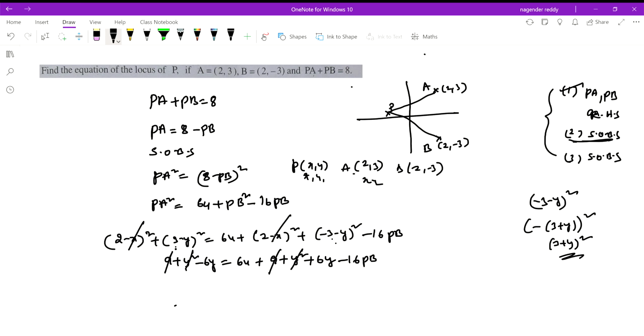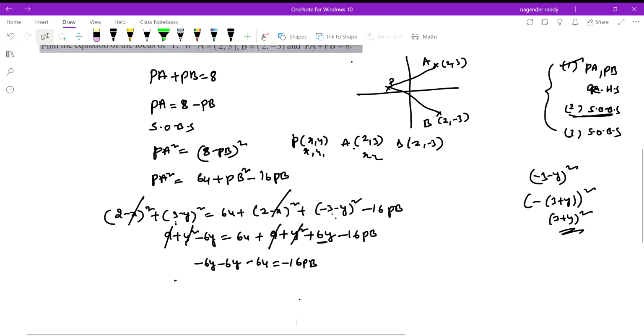What I will do now is keep the 16 PB on one side and send all the remaining terms to the other side. So 6y is there, send that side: minus 6y, minus 6y. Why? Minus 6y already is there, and plus 6y brought to this side gives minus 6y. You can send the 64 to this side too: minus 64 equals minus 16 PB.